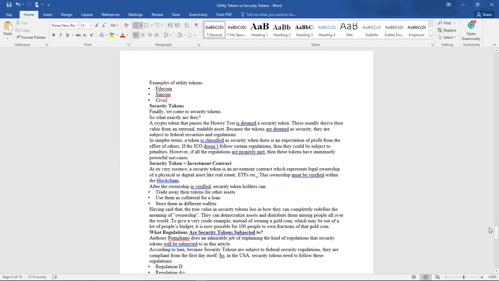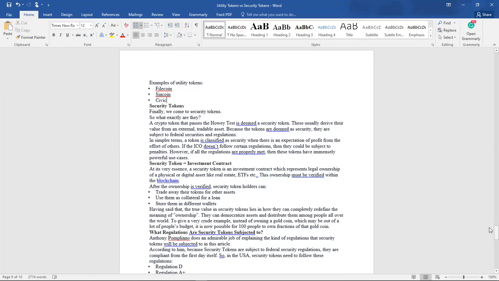If the ICO does not follow certain regulations, then they could be subject to penalties. However, if all the regulations are properly met, then these tokens have immensely powerful use cases. Security token equals investment contract.